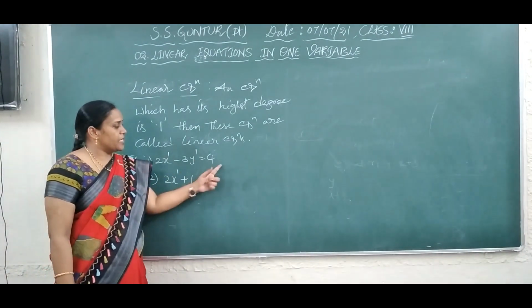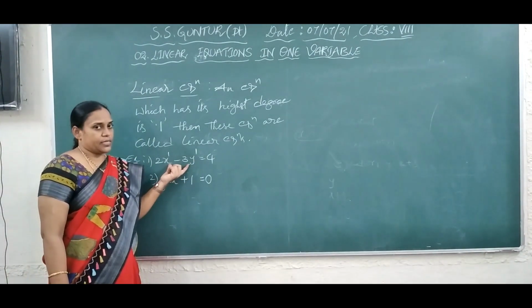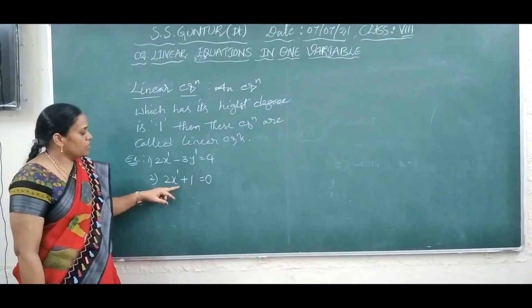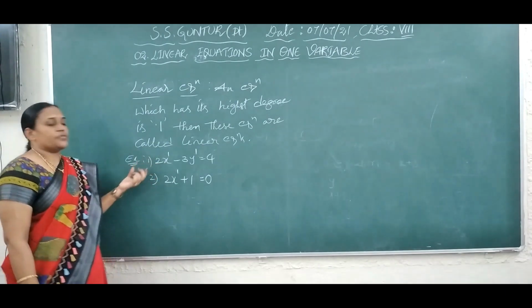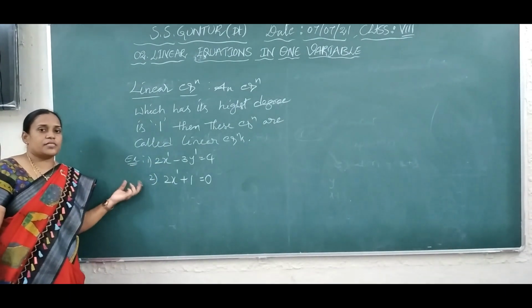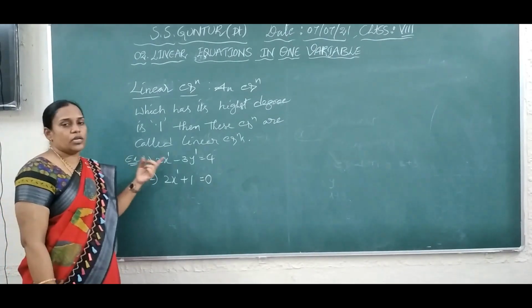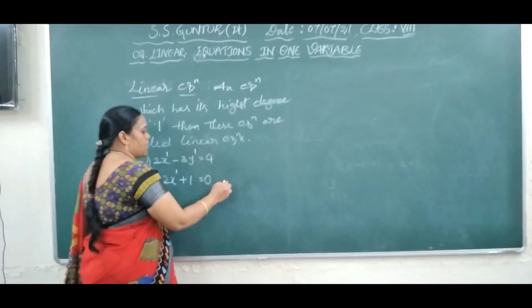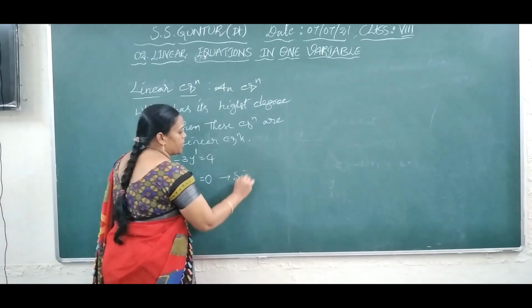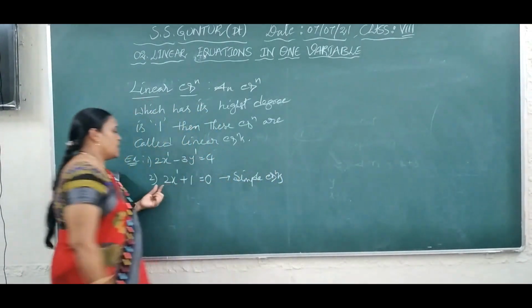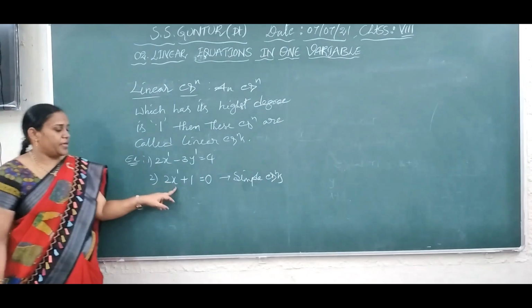This is a linear equation in two variables. In this chapter, we take only linear equations in one variable. These equations are also called simple equations. Simple equation means it has only one variable.